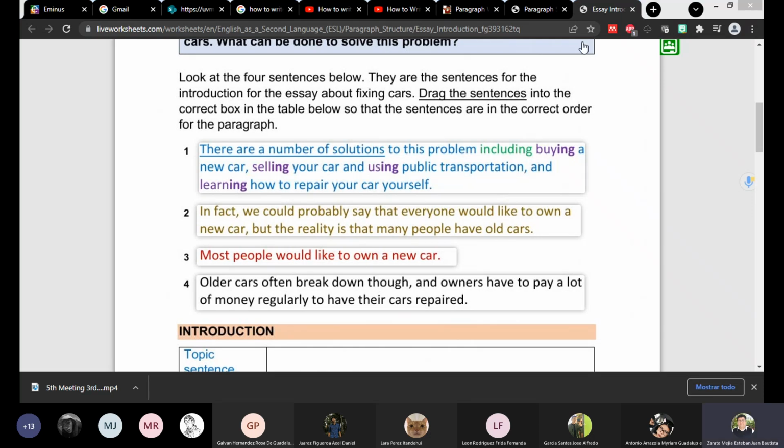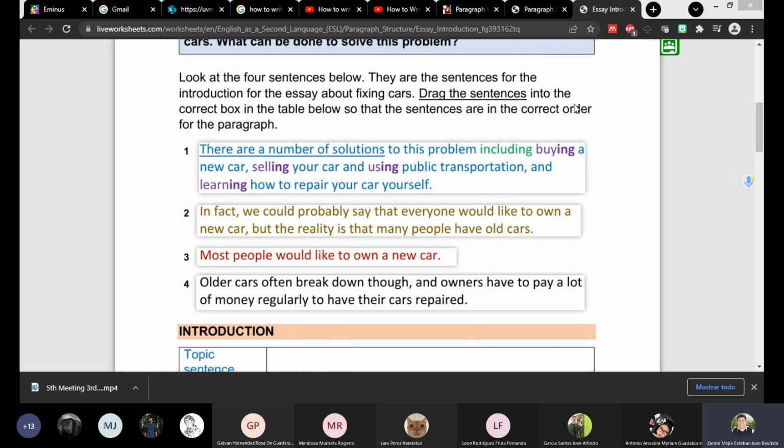Now, who may help me to read number 4? Go ahead, Rogelio. Older cars often break down, and owners have to pay a lot of money regularly to have their car repaired. So now, what are some of the expressions or words that may have called my attention?